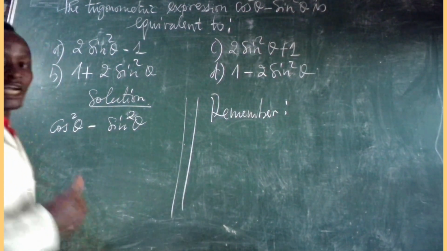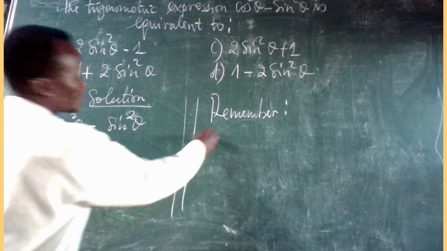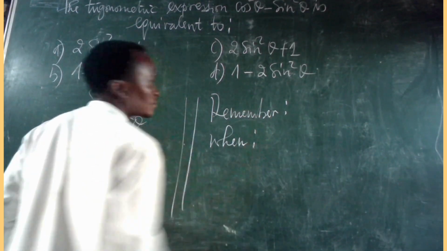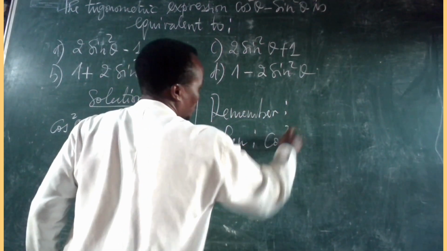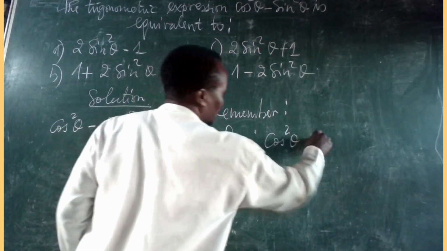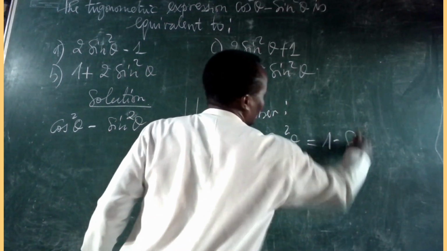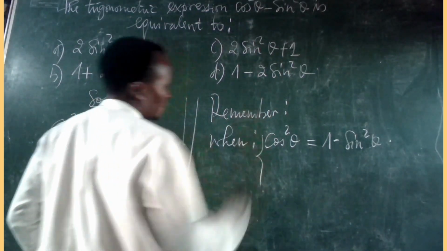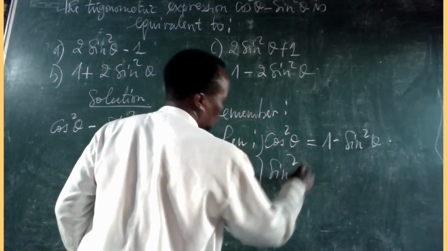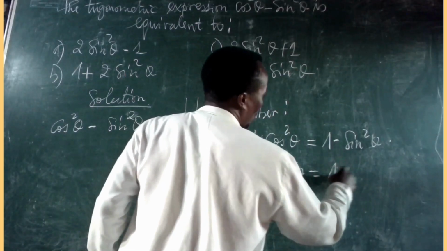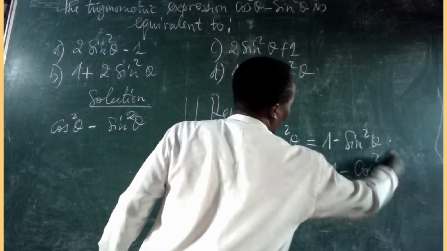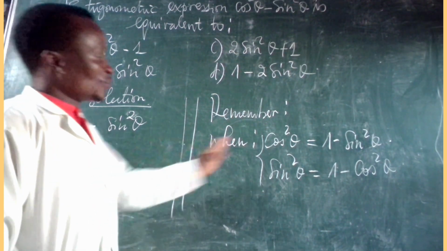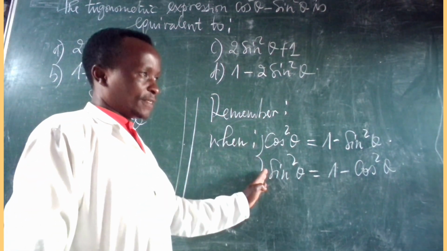In trigonometric ratios, cosine square theta is equal to 1 minus sine square theta. The second one: sine square theta is equal to 1 minus cosine square theta. So before doing this question, you have to remember these.